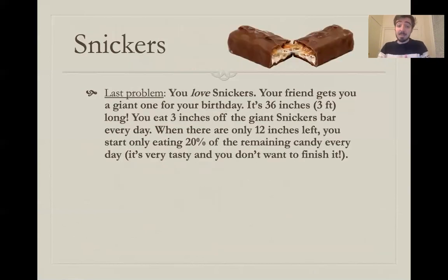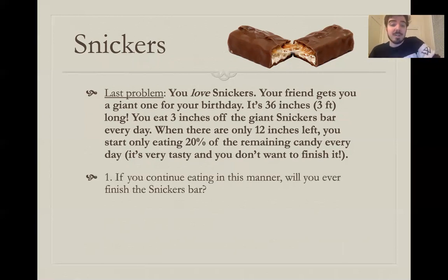Okay, last problem. You love Snickers. Your friend gets you a giant one for your birthday. It's 36 inches long. You eat 3 inches off the giant Snickers bar every day. When there are only 12 inches left, you start only eating 20% of the remaining candy every day because it's so good and you don't want it to be gone.